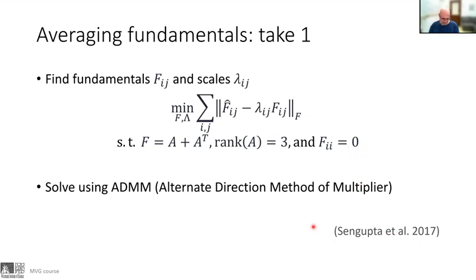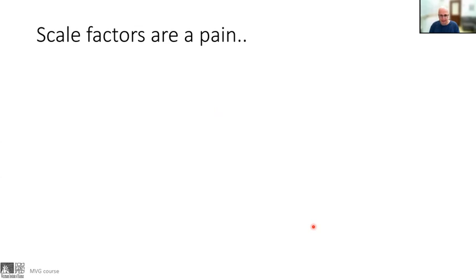That was the first attempt that we did to do averaging. And as I said, it wasn't so good. We really had to use a good initial solution. How do you choose the initialization here? We actually used LUD, which was really bad in some sense. So the real problem here is overcoming these scale factors.